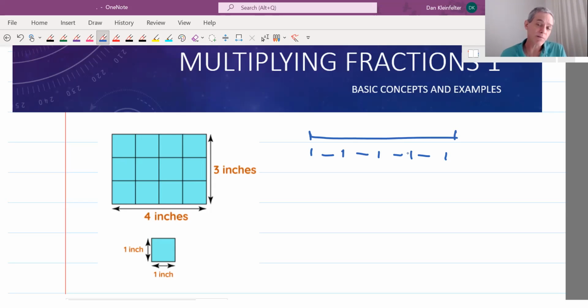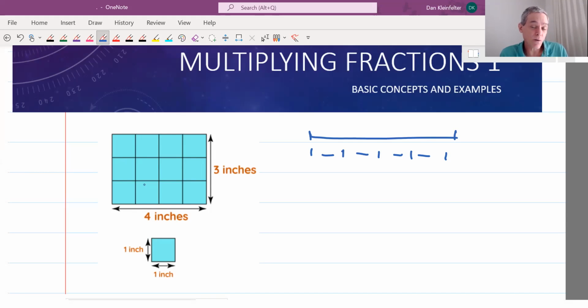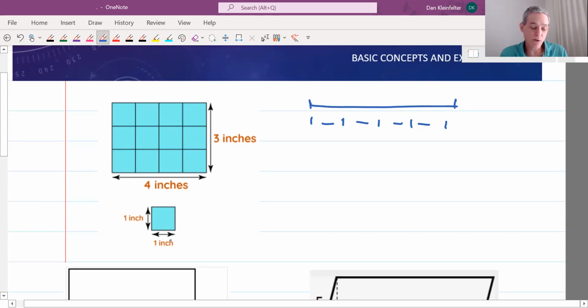That's how length works. An area is an amount of surface of a plane that is taken up by something, like this 3-inch by 4-inch rectangle you see on the screen now. The standard unit for area is a square whose lengths are 1 unit on each side. So you can see this 1-inch by 1-inch square.